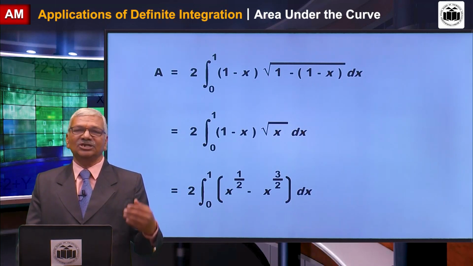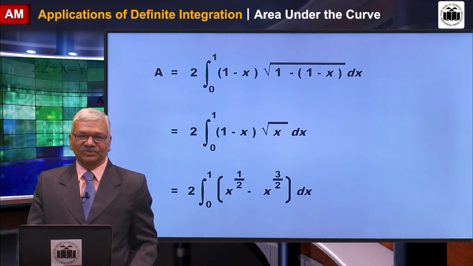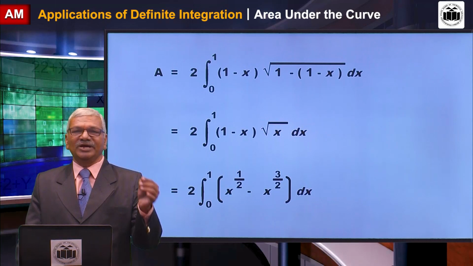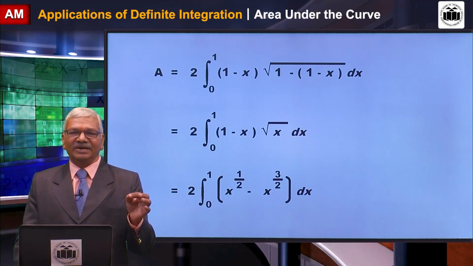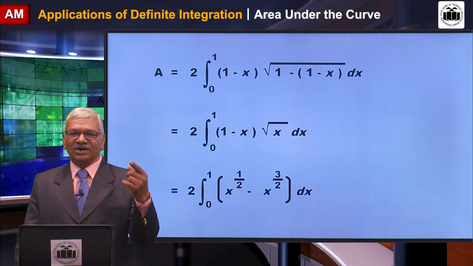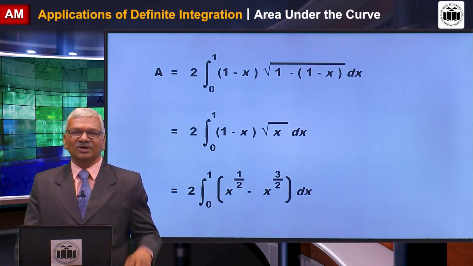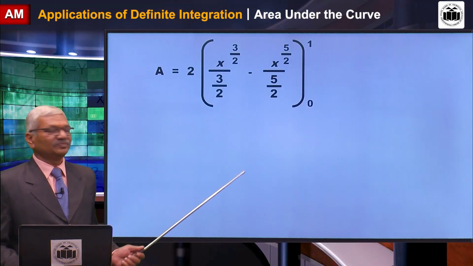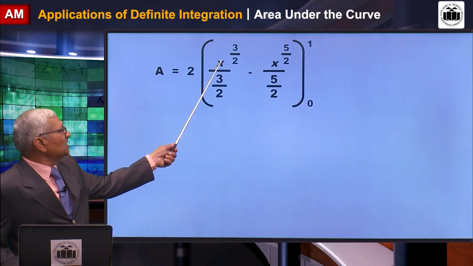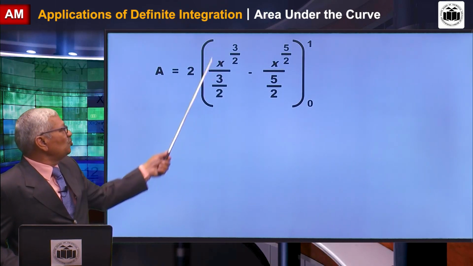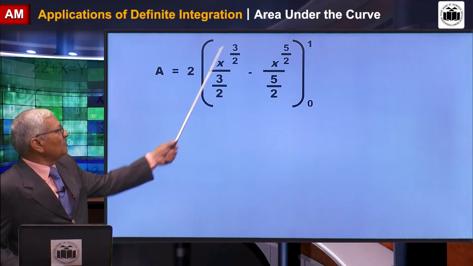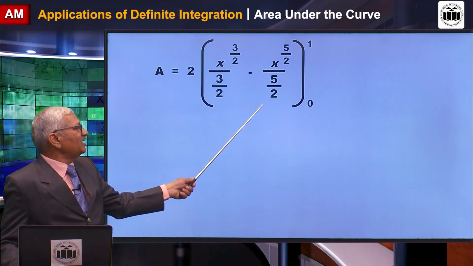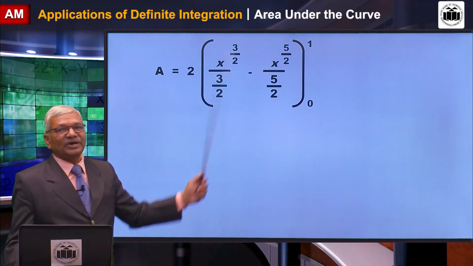Don't just remember the formula, simply remember adding 1 to the power and dividing by the new power. So what do we get? 1 by 2 plus 1 is 3 by 2, dividing by new power 3 by 2. 3 by 2 plus 1 is 5 by 2, dividing by new power 5 by 2, between the limits 0 and 1.